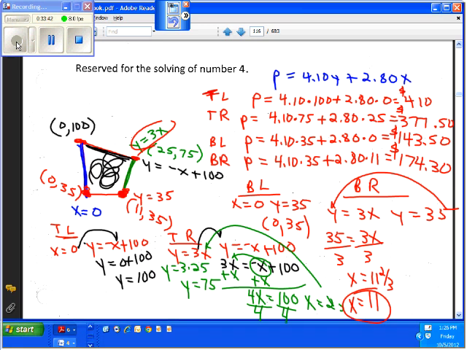So that's a pretty neat problem. It gives us a lot of math in there, but it's amazing how we can actually find the profit arena: 143.50, 174.30, 377.50, 410. Everything else has to be in the middle of all that somewhere, you see.